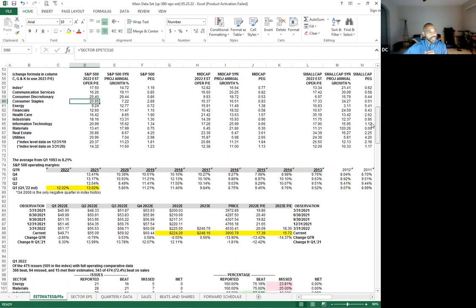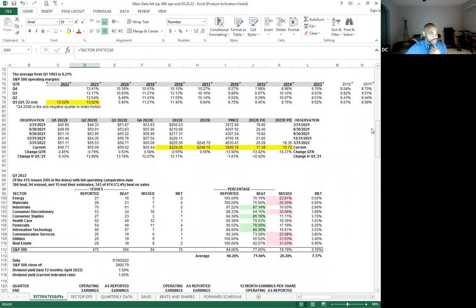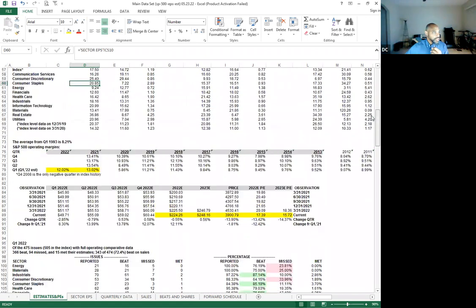But what am I looking at? What is going to help me make some decisions in terms of where I think the market's going to go? So when I looked at this last time, I wanted to know, okay, well, how many people have reported, first of all, so I can get an idea of the completeness of the report.